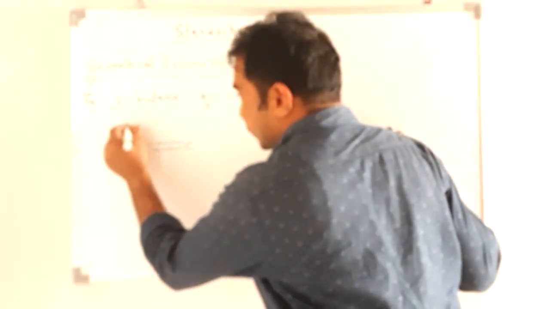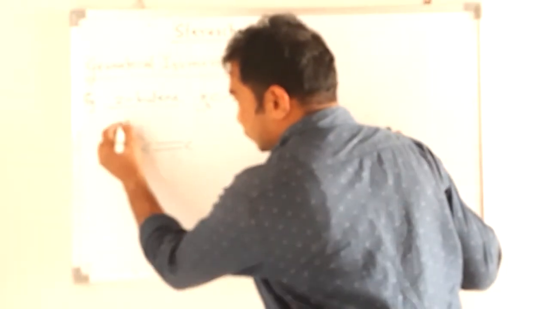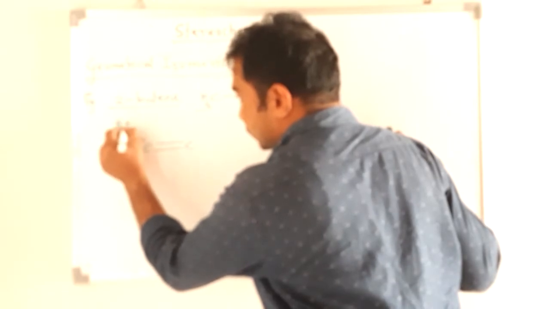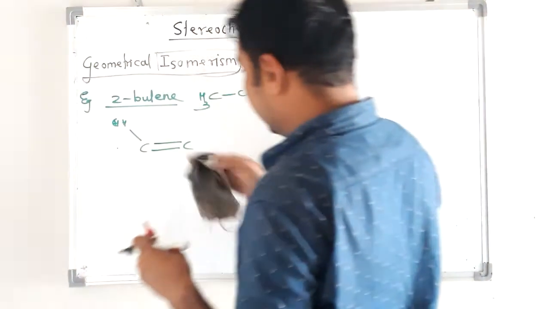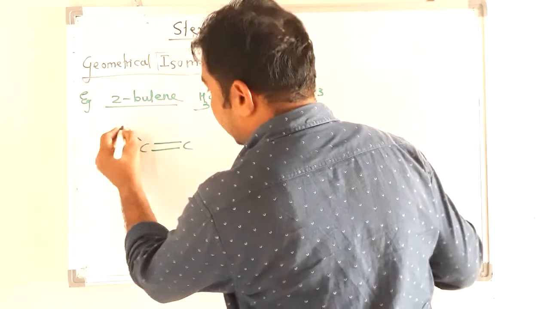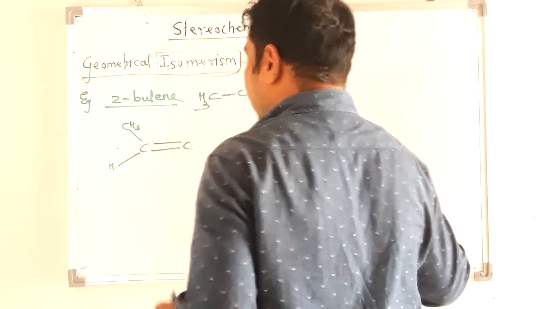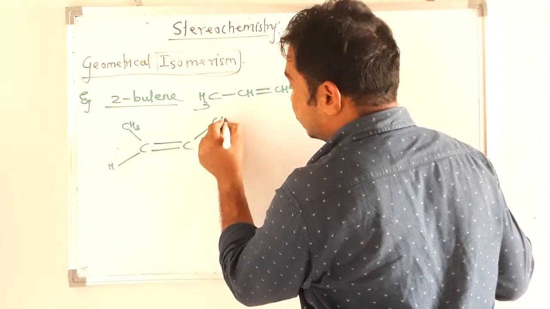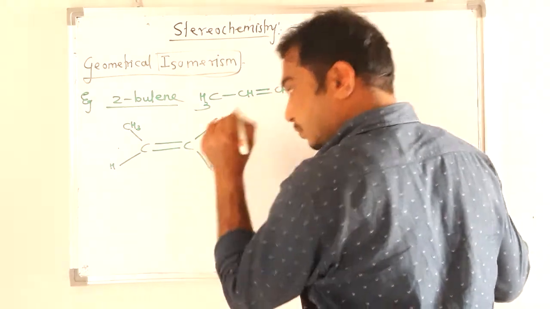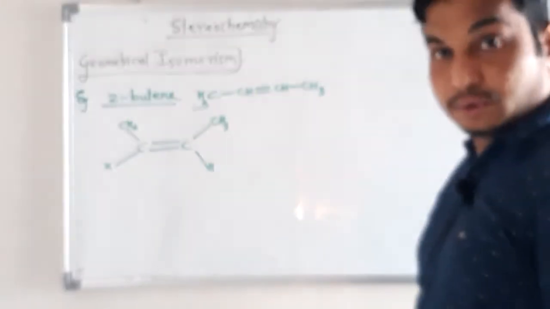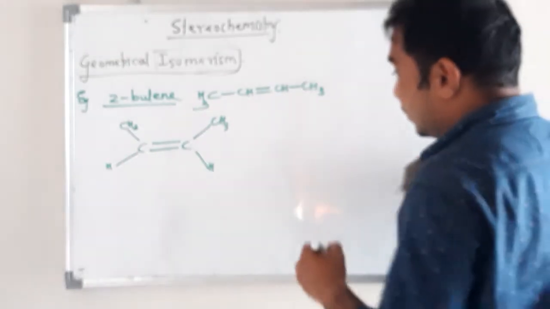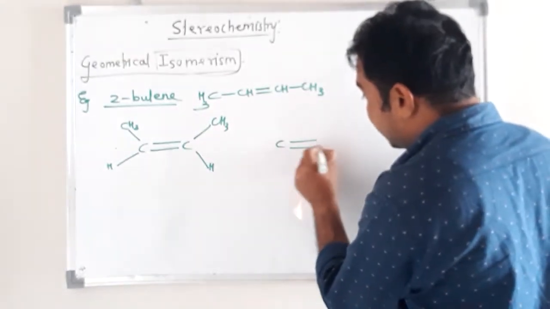Okay. This is the structure of 2-butene. Now I will draw another structure for the same molecule.